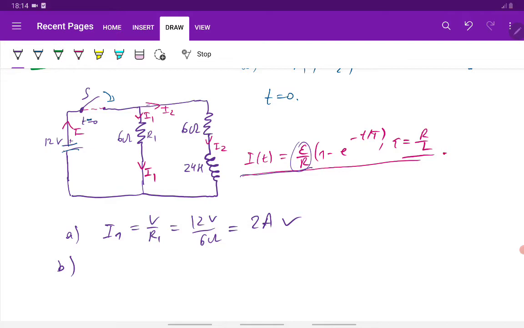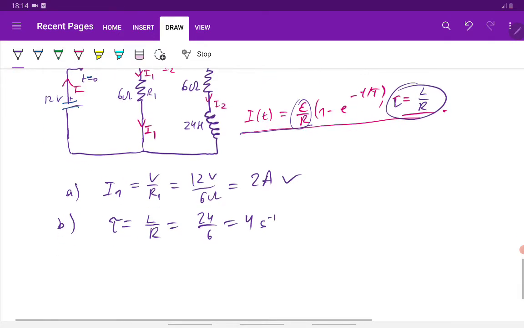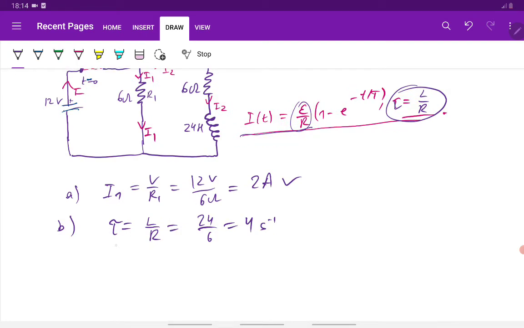So first let's find this quantity. L over R equals 24 Henry over 6, I think, it's just, I wrote it in reverse, 24 over 6 equals 4, so it's L over R. Now we can use this formula, right?